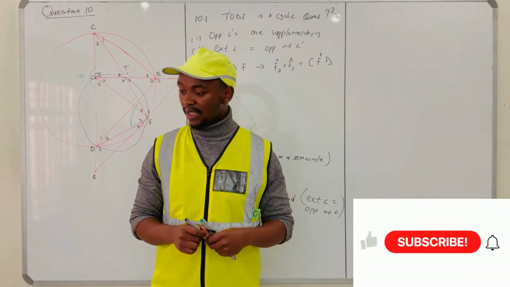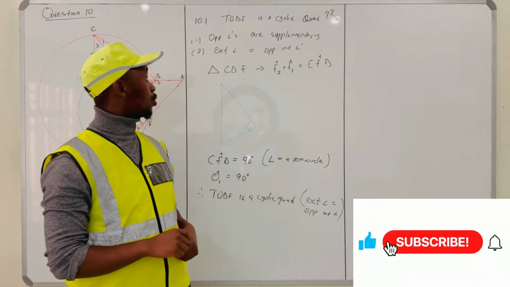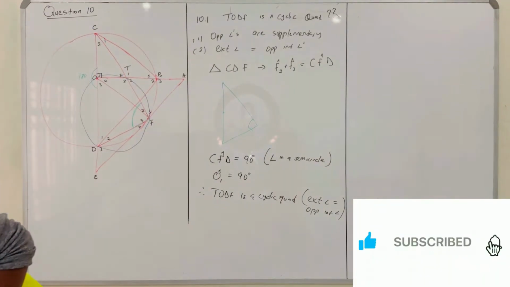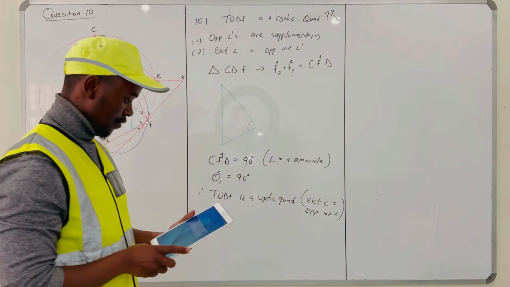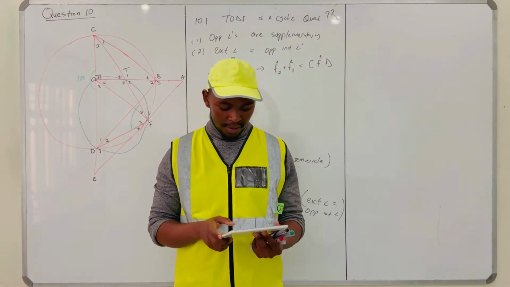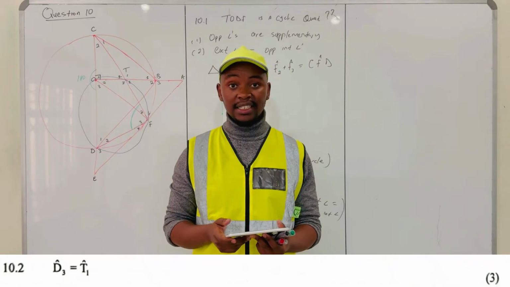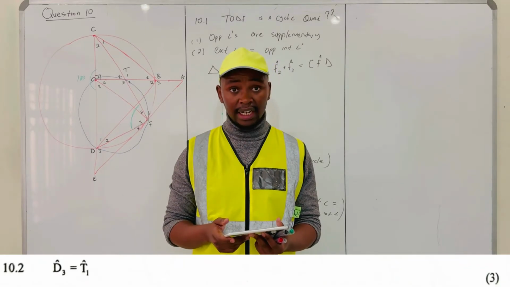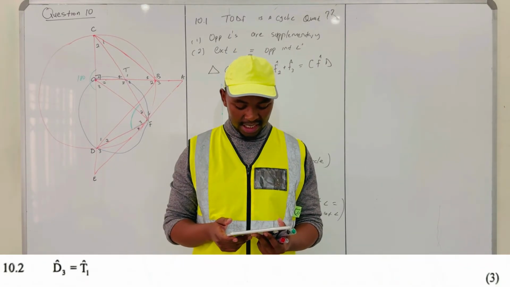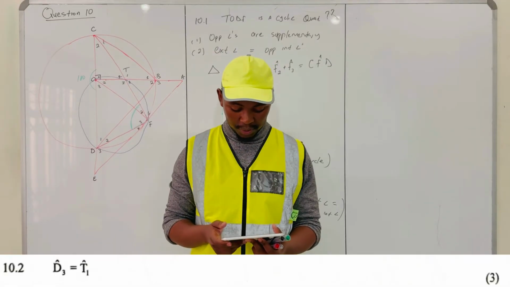Now we can move to the second question, which is 10.2. All right, 10.2 is asking us to prove that the angle D3 is equal to the angle T1. Angle D3 is equal to the angle T1.